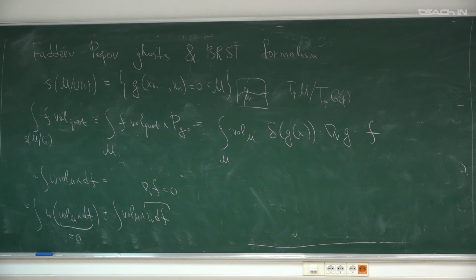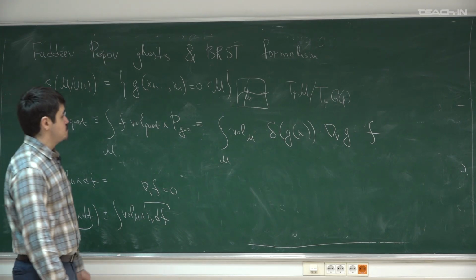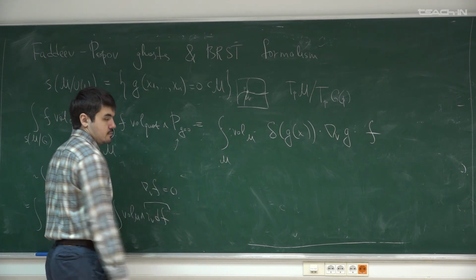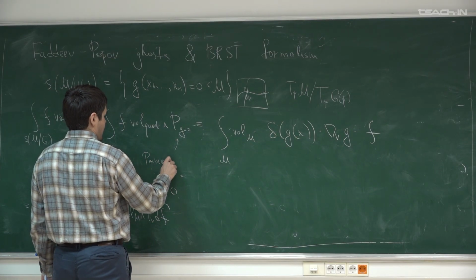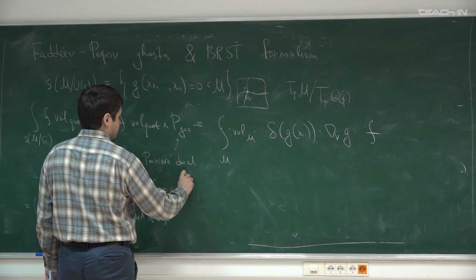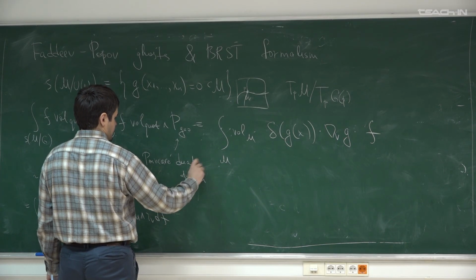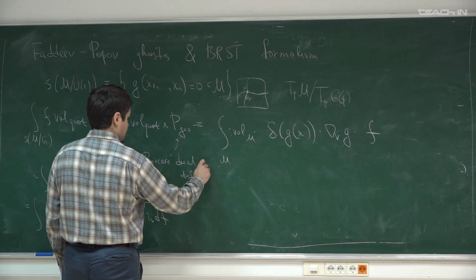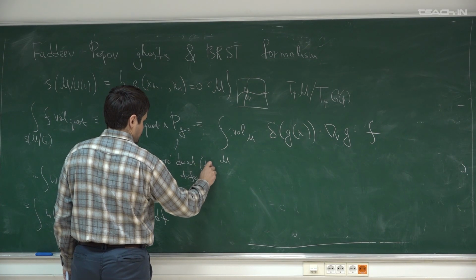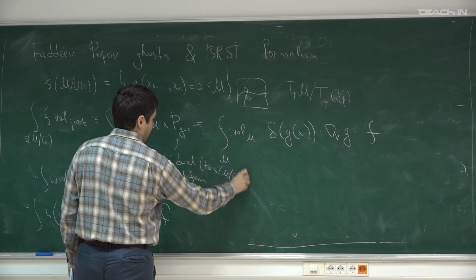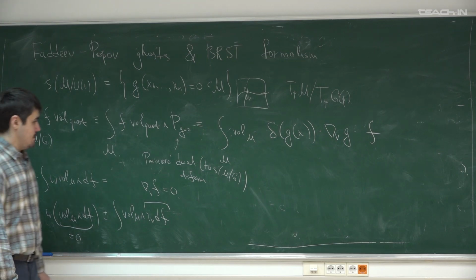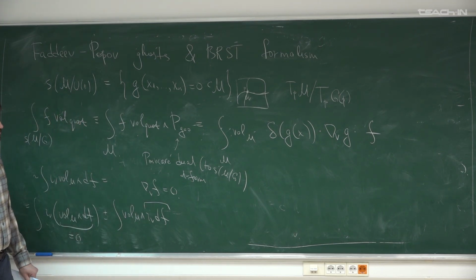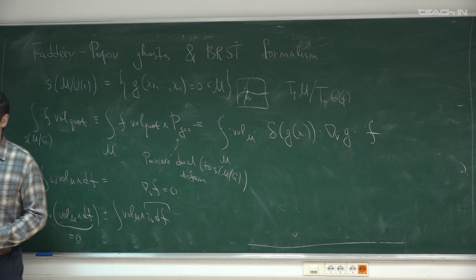What is the capital B, sorry? Capital P here. This is the Poincaré dual 1-form, dual to S of M over G. That's one of the definitions of Poincaré duality.